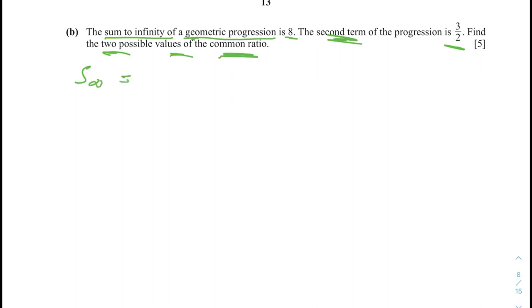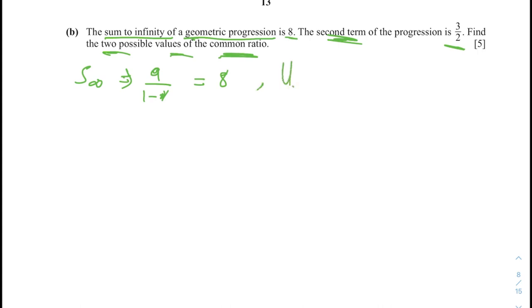You know that the formula for the sum to infinity is A over 1 minus R, and they said this is 8. So you have established a nice equation, but you don't know the first value, the A. That's fine.